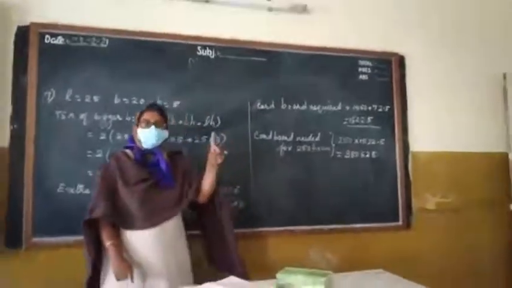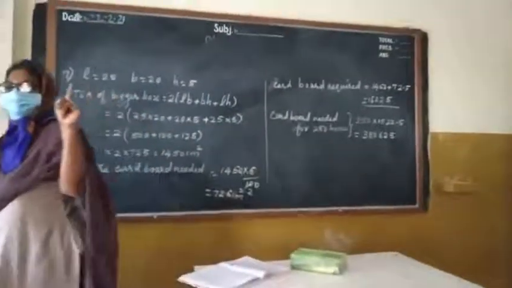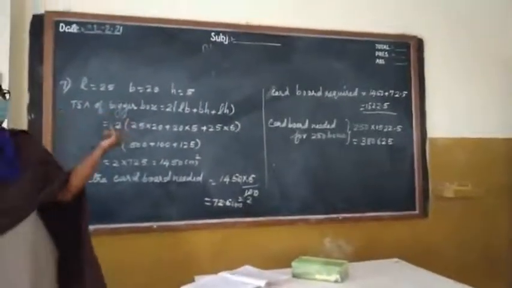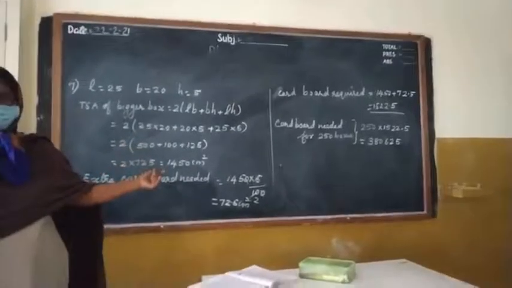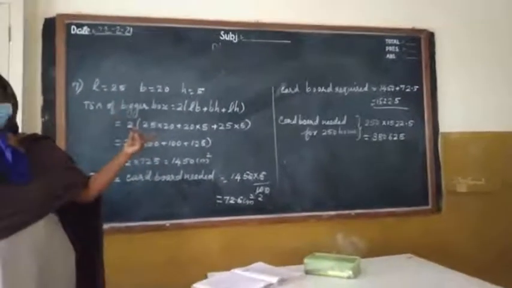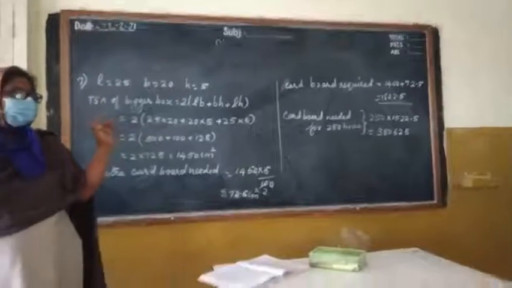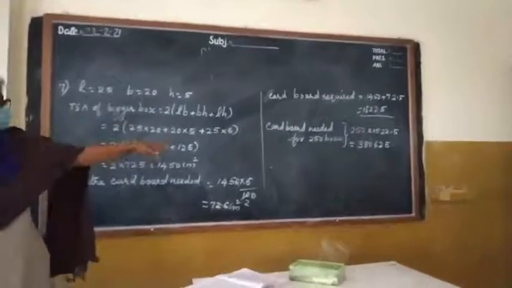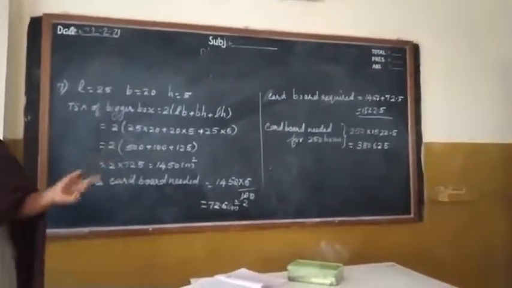This is for one box. Okay? Second box also same way you have to find out. Then we will add, then multiply by 4 by 1000. Okay? So this much you write. Then we will discuss the second one.